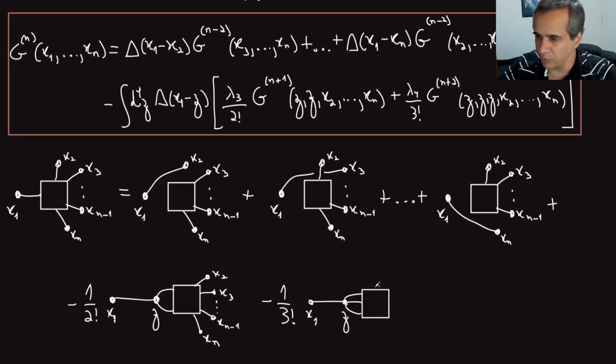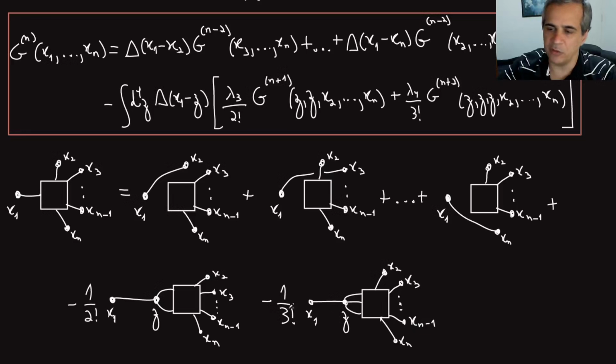And then, of course, this box also connects to all these n minus 1 points, xn minus 1, xn.